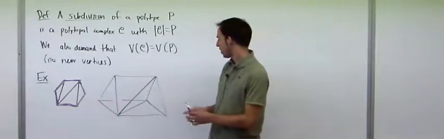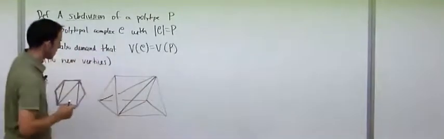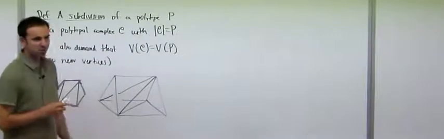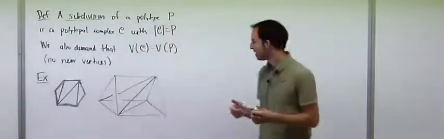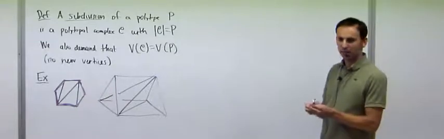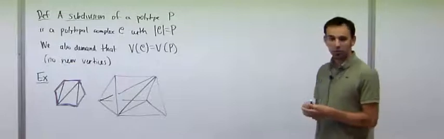Then I get a tetrahedron, and I get kind of a square pyramid. Then I'm going to take that square pyramid and subdivide it, for example, like this. It might be hard to understand this picture, but if you stare at it long enough, you'll see that I've cut up this prism into 3 tetrahedra. So those are good examples of subdivisions.